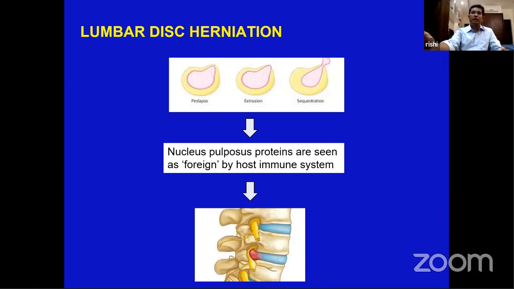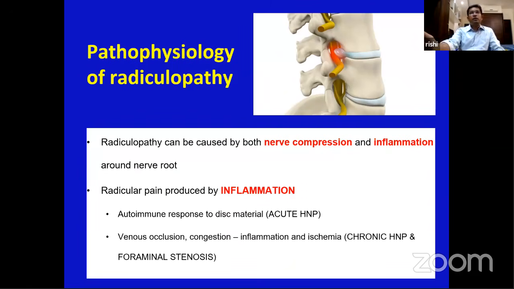Because when the spine develops, these proteins of the nucleus pulposus are not exposed to the thymus, and hence our immune system sees them as a foreign antigen when the nucleus pulposus herniates in a patient with a lumbar disc prolapse.